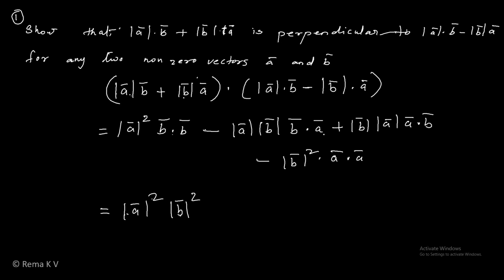Here B bar dot A bar is the same as A bar dot B bar. One is negative and one is positive. So these two terms get cancelled. Then minus, here again modulus of vector B square into A dot A is modulus of vector A square. Both the terms are same as modulus A and modulus B are real numbers. So this is equal to 0.